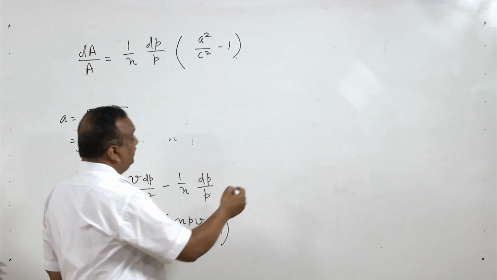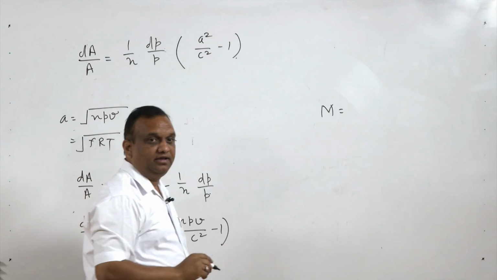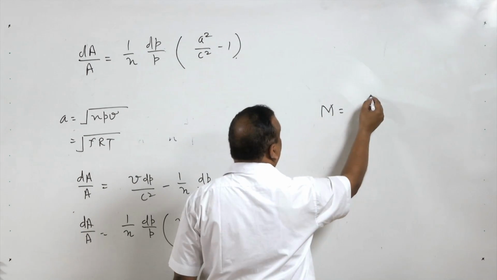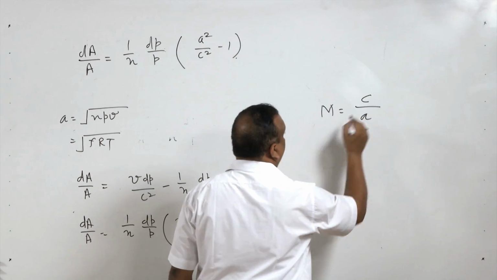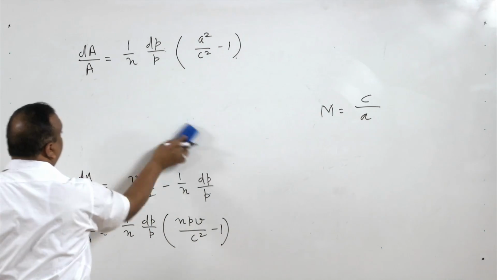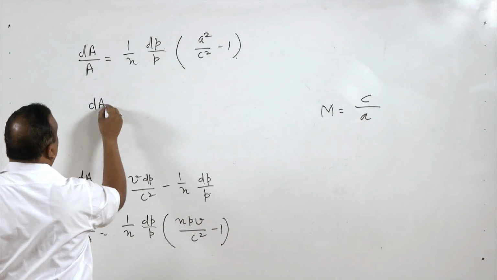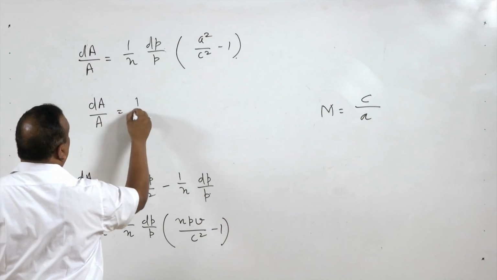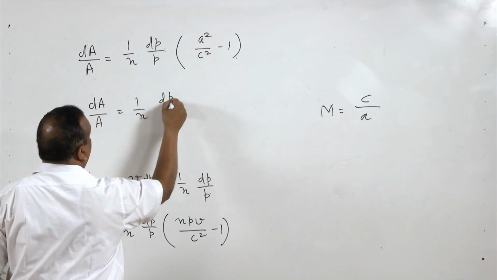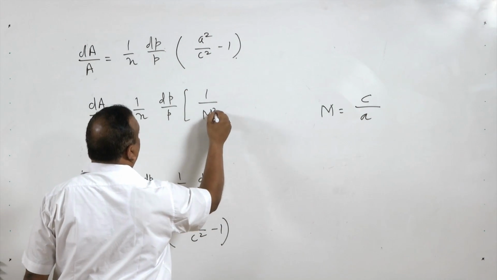There is a term, a dimensionless number, which is known as Mach number, and Mach number is actual velocity divided by sonic velocity. So this expression can further be written as dA by A is equal to 1 by N dP by P, 1 by M square minus 1.